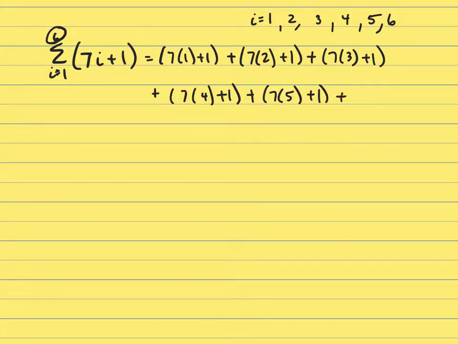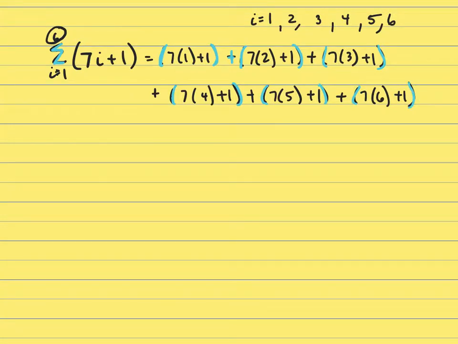And my last one will be when i equals 6, 7 times 6 plus 1. And there's your first number. And of course you sum because we're dealing with a summation sign. And there's my next one, just so I can kind of differentiate what's going on.